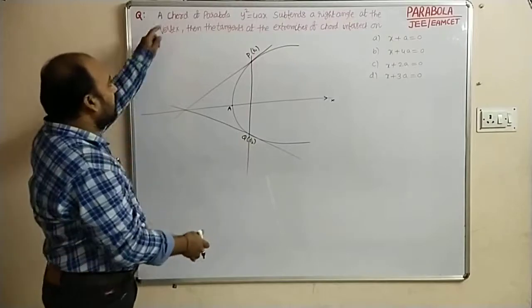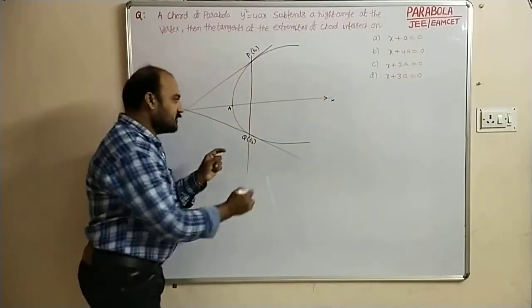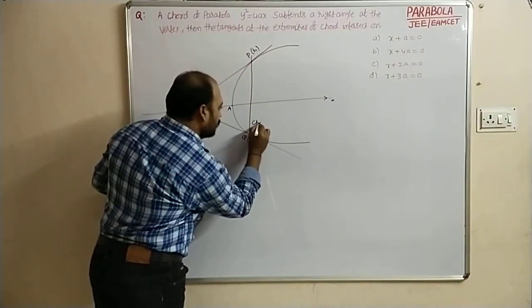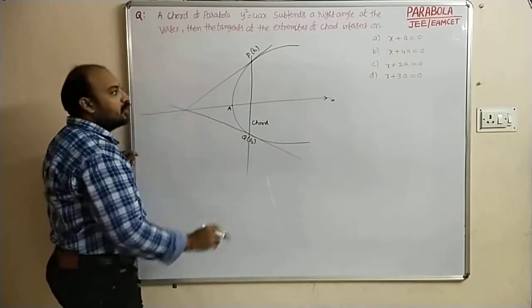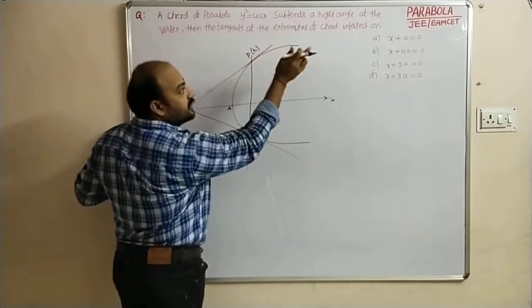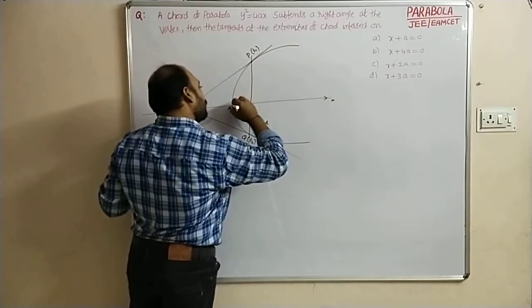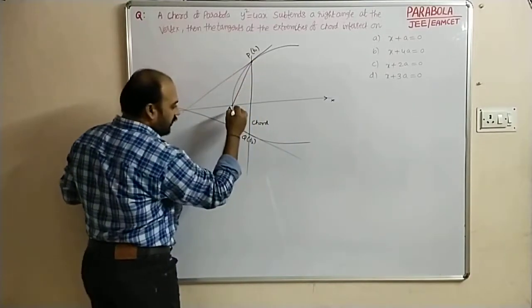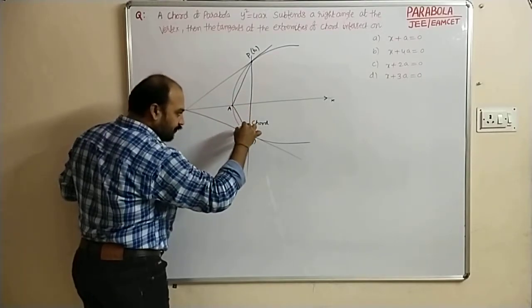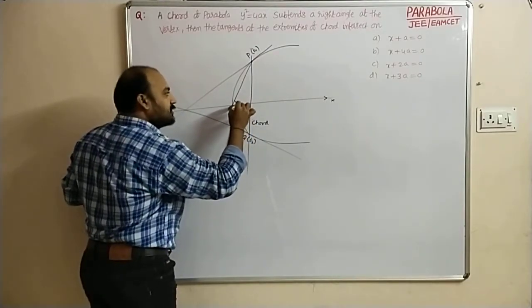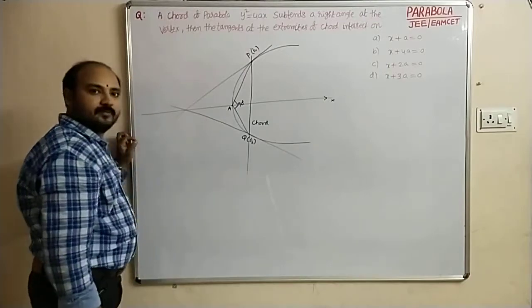This chord of the parabola subtends a right angle at the vertex. So join A and P, and A and Q; it makes a right angle at the vertex.